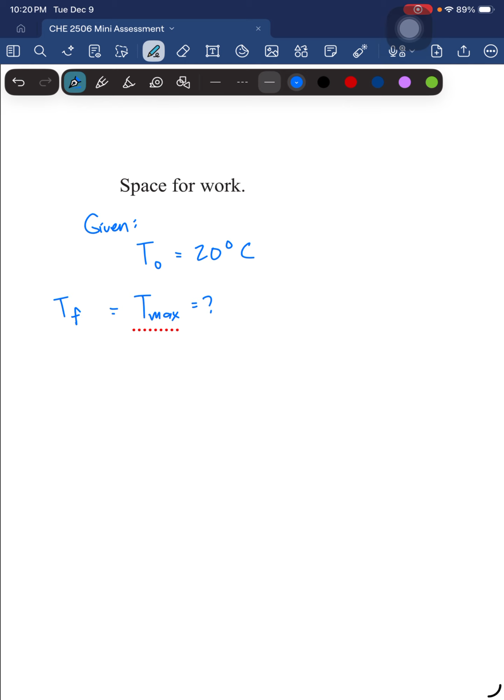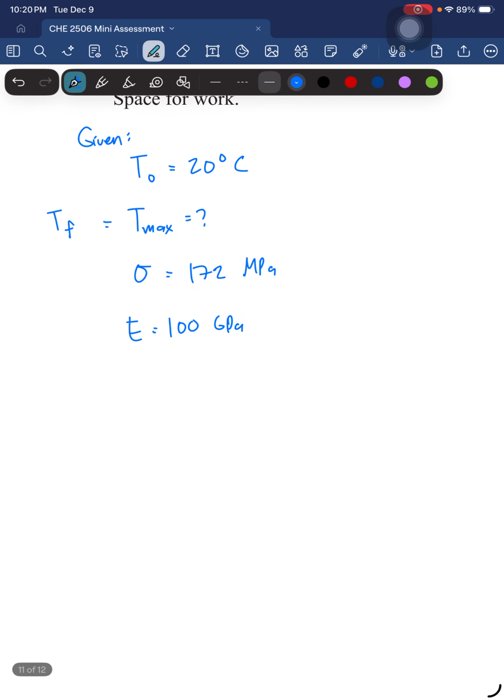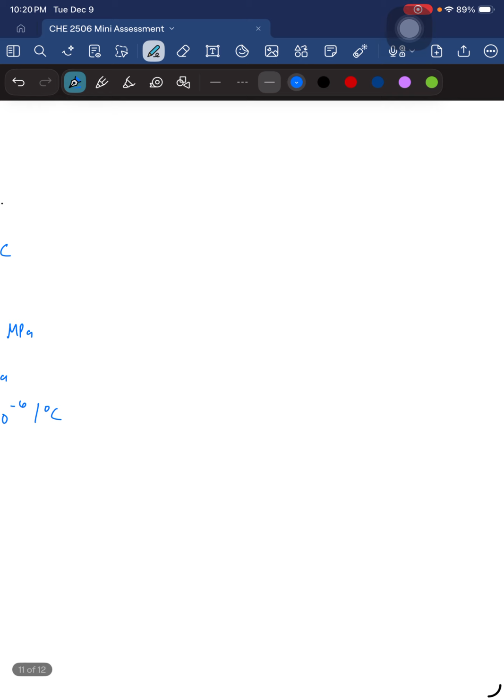Then our stress is equal to 172 MPa, and our Young's modulus was given to us as 100 GPa. Let's just write the givens first, and then our coefficient would be 20 times 10 to the power of negative 6 per degree Celsius.